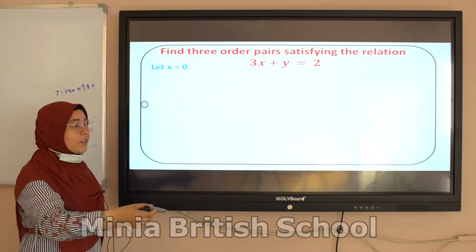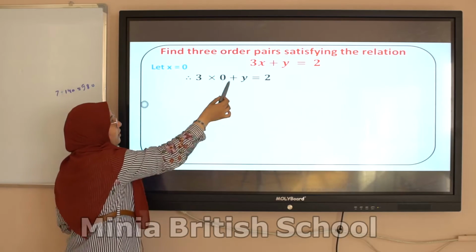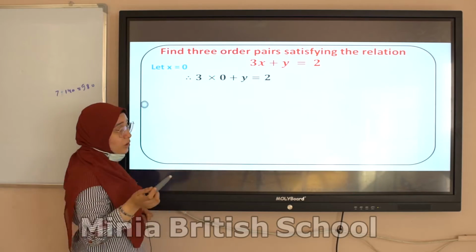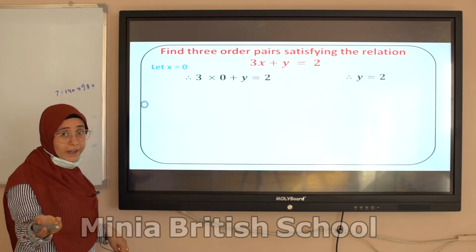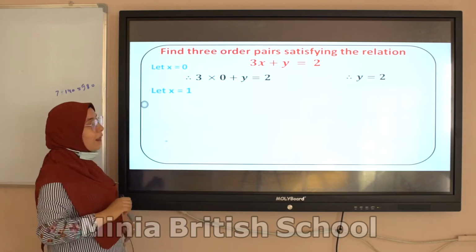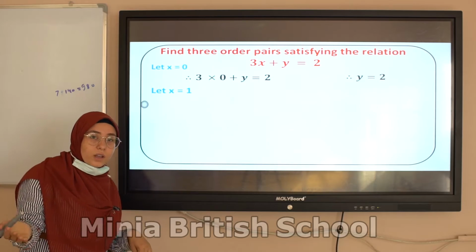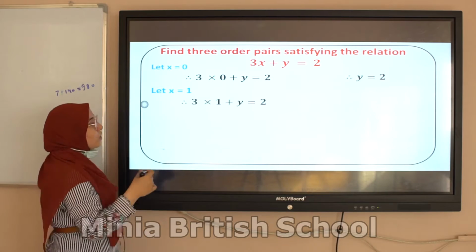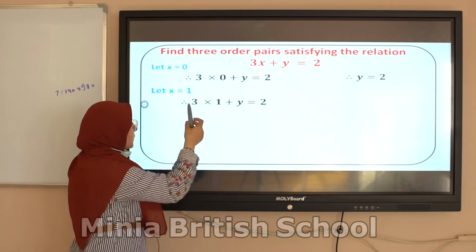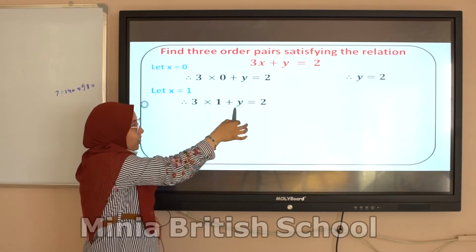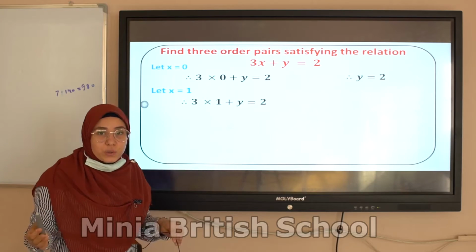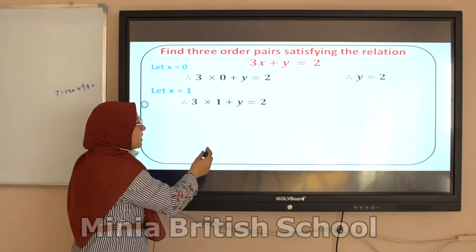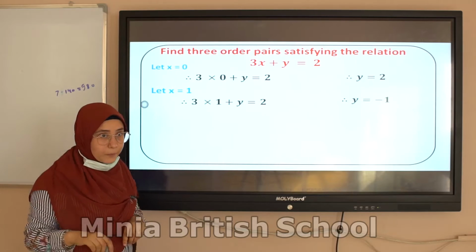We get 3 times 0 plus y equals 2, then y equals 2. But here, let x equals 1. Substitute the value 1 in this relation. We get 3 times 1 plus y equals 2, so y equals negative 1.